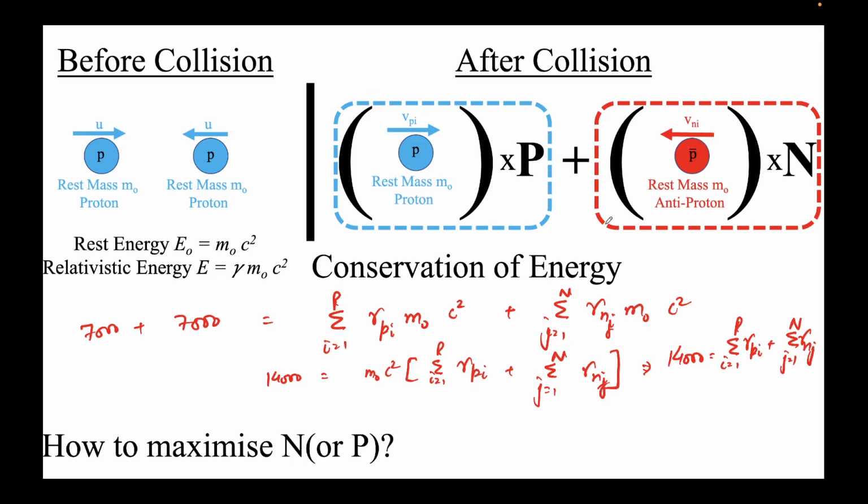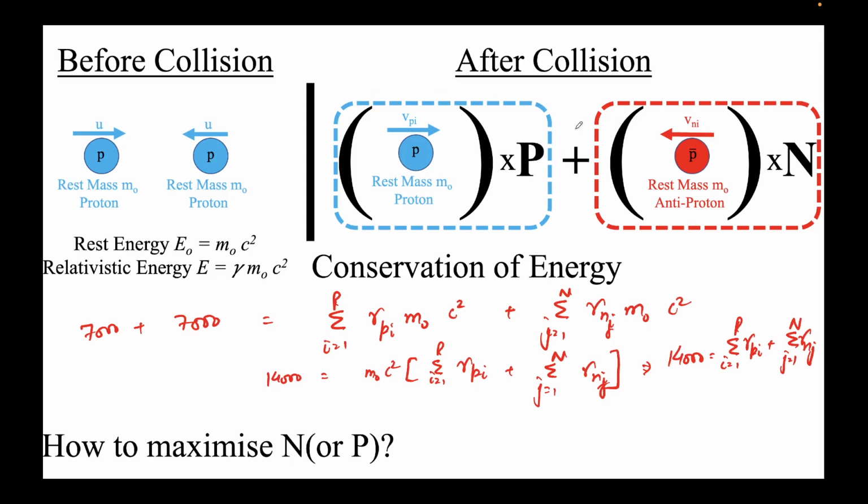Initially we had 14,000 giga electron volts of energy. That energy will go into two places. First is the rest mass energy for each of these p and n protons and antiprotons, and then whatever energy is left will be gathered as kinetic energy by some of these p plus n particles.